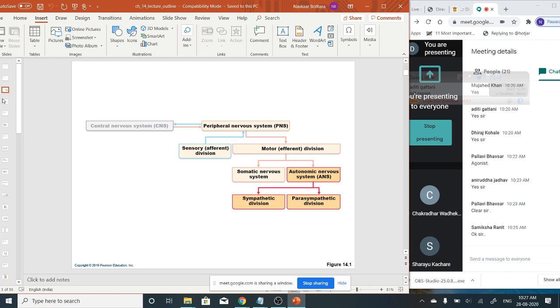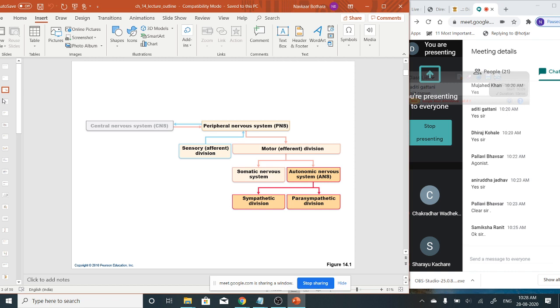In what sense? Whenever we go one by another, for example, whenever you go for pain, then the sensory afferent division will be involved, because it is carrying pain sensation. When we are working for skeletal muscle, then the somatic system is important. And when we are working for all other visceral organs, ANS is important. So any drug which is acting on the cardiovascular system, in most of the cases, except if it is having direct action, either it is acting through sympathetic or parasympathetic.